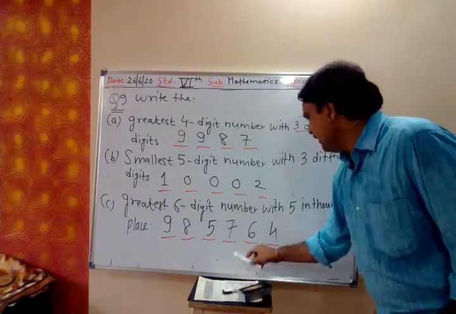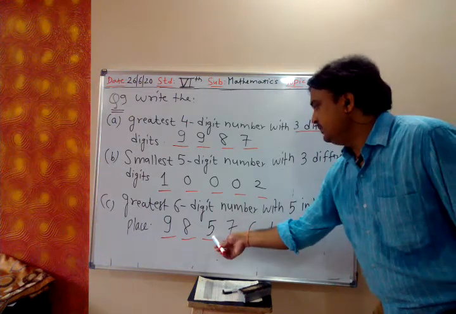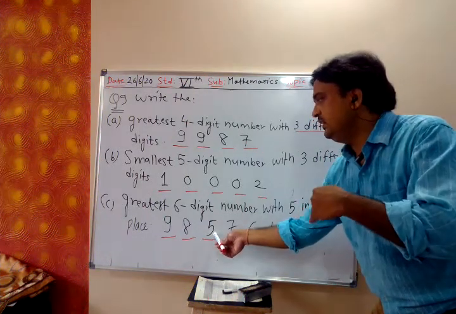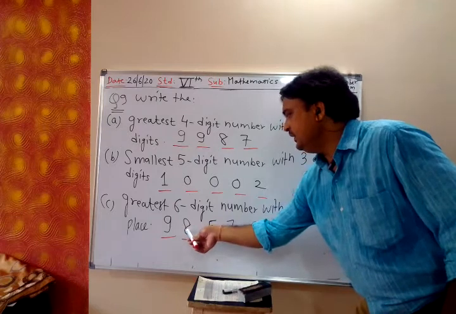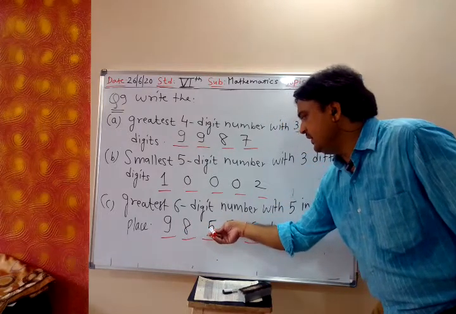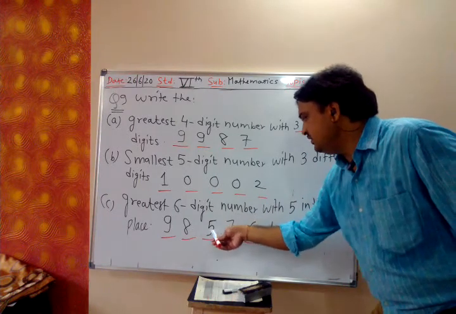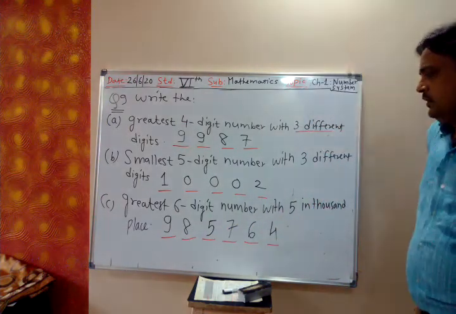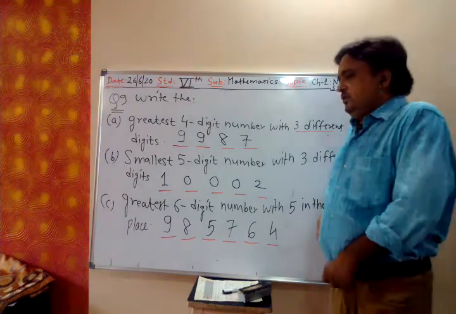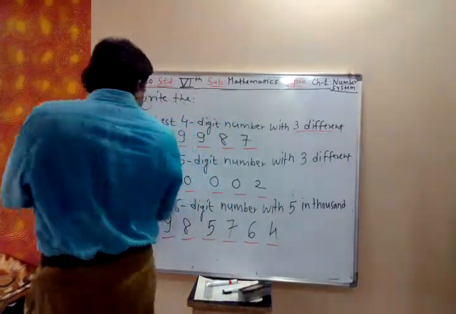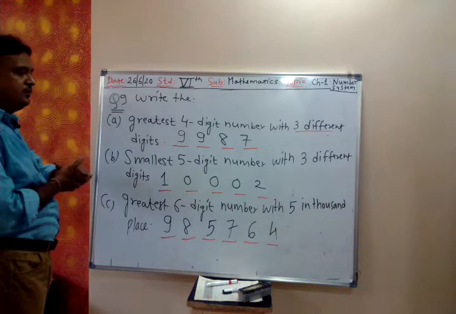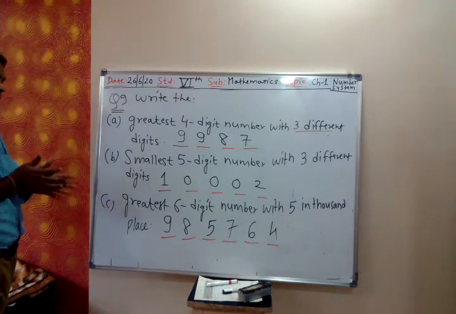At the 1000 place there must be 5. So for the greatest I will start with the greatest digit, 9, 8. Then 5 is already there. So after 8, 7, then 6, then 5 is already there, 4. No. It should be 9, 8, 5, 7, 6, 4. We want 5 in the 1000 place.